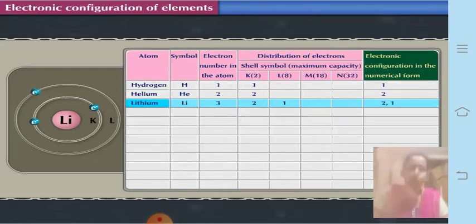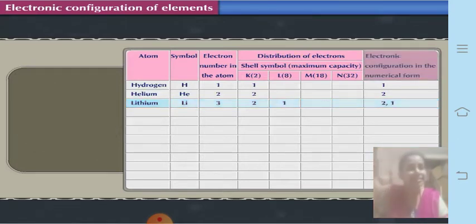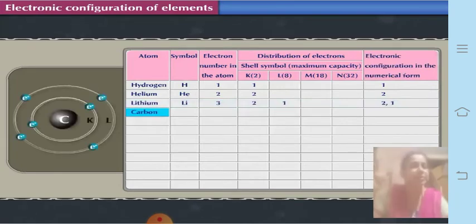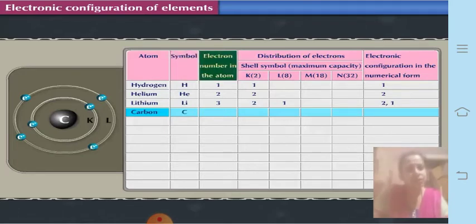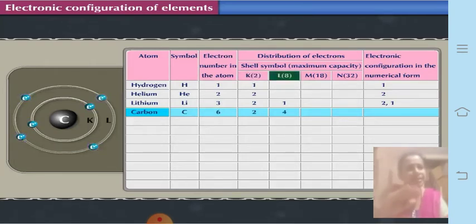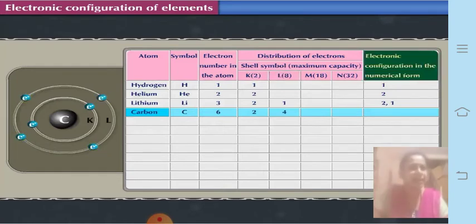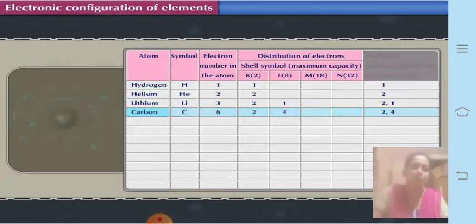Then we have the fourth one, carbon, whose symbol is capital C and it has 6 electrons. The K shell will have 2 electrons and the other 4 will go in the L shell. Remember the capacity of the L shell is 8. Up to 8 it will fill, and after that it will go in the M shell. So the electronic configuration of carbon is 2, 4.